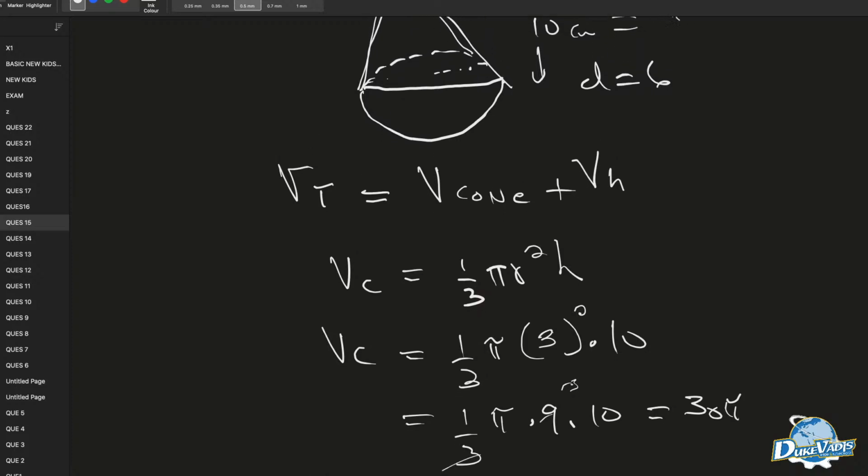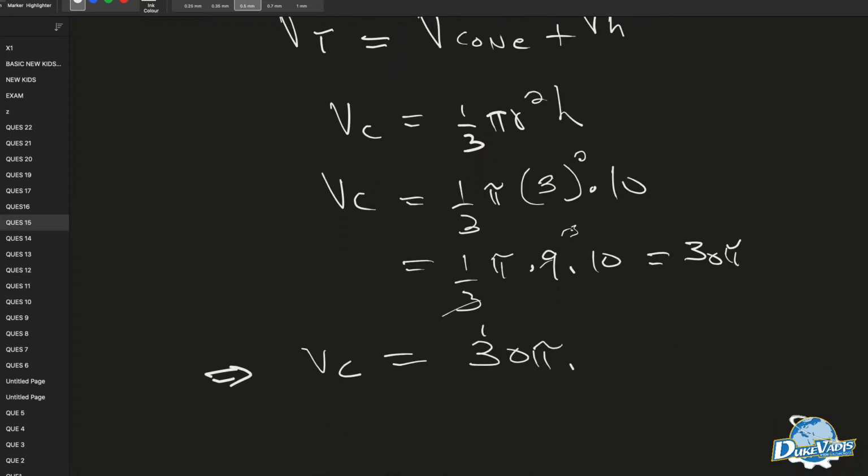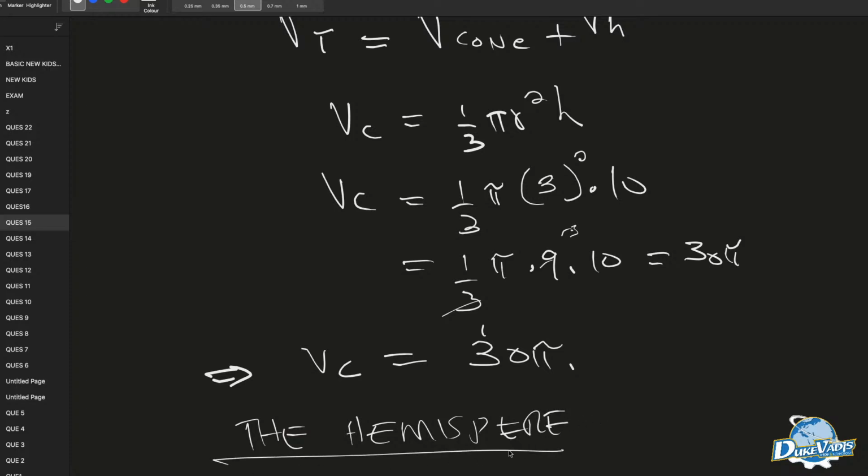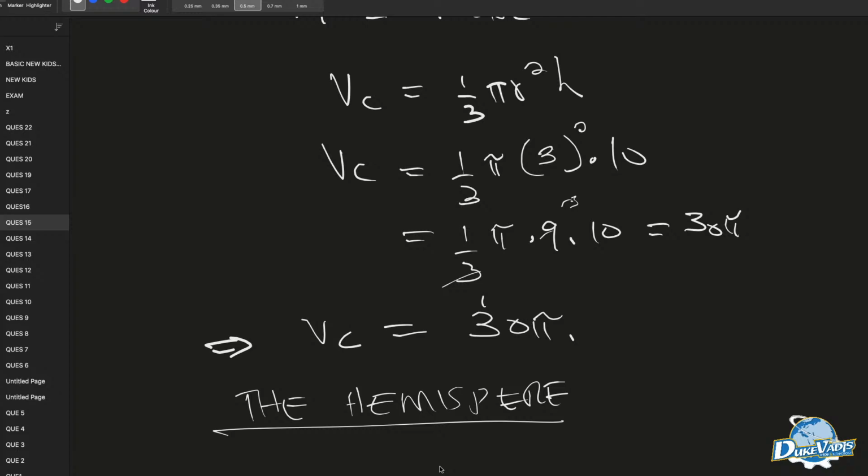Alright, the hemisphere also has a radius. The hemisphere has a radius of 3.